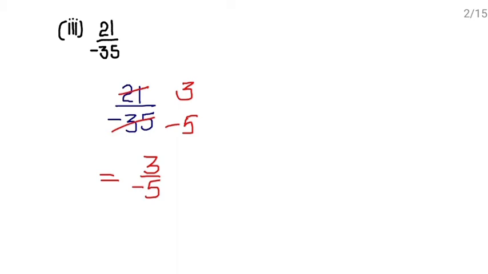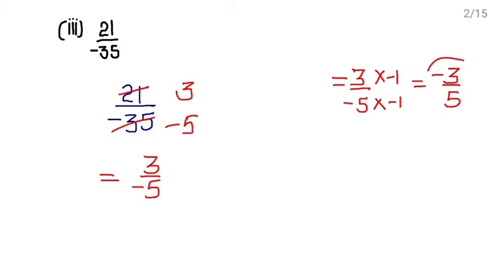But as I have explained in the previous class, the denominator cannot be negative in standard form. So what you will do here: 3 upon minus 5, if you multiply the numerator as well as the denominator by minus 1, what do you get? Minus 3 upon 5, right?